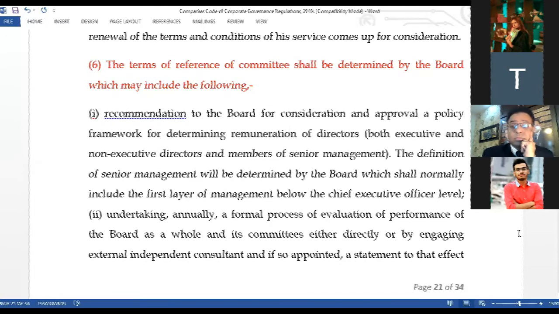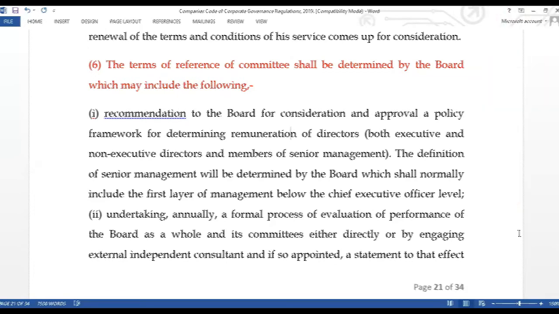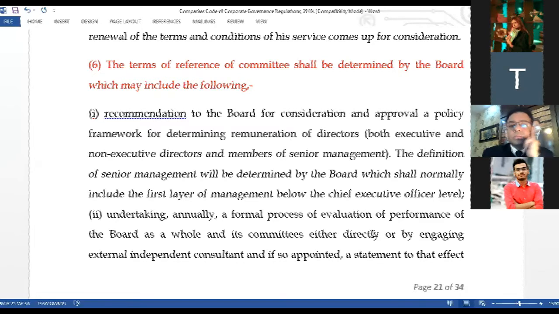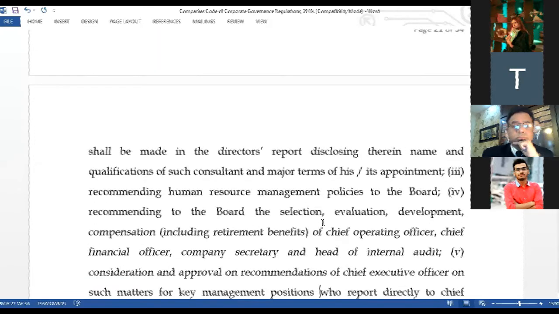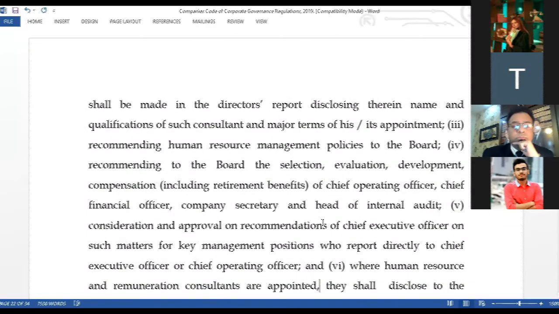Number two, undertaking annually a formal process of evaluation of performance of the board as a whole and its committees, either directly or by engaging an external independent consultant, and if so appointed, a statement to that effect shall be made in the director's report disclosing the name and qualification of such consultant and major terms of its appointment.